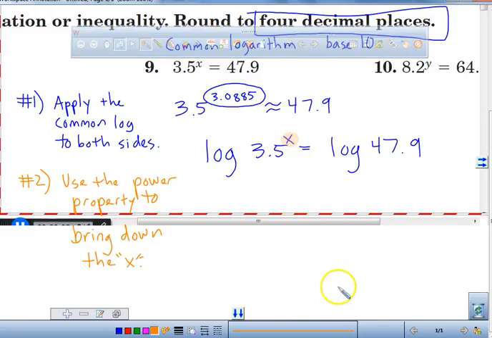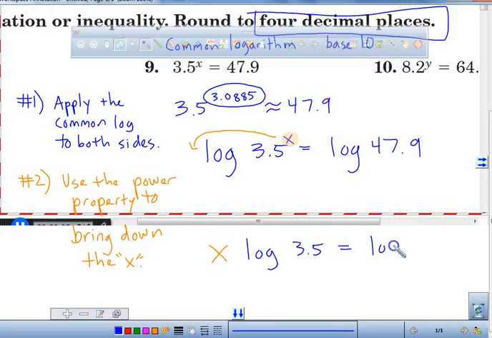All right? So we're going to take the power property and bring down the x right in front of the log. You're going to have a big ol' x right in front of your logarithm, and you're going to write 3.5 equals the log of 47.9.